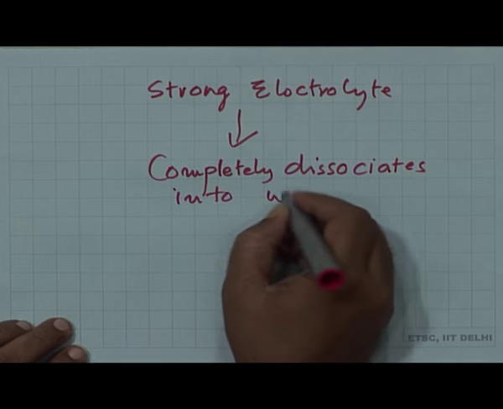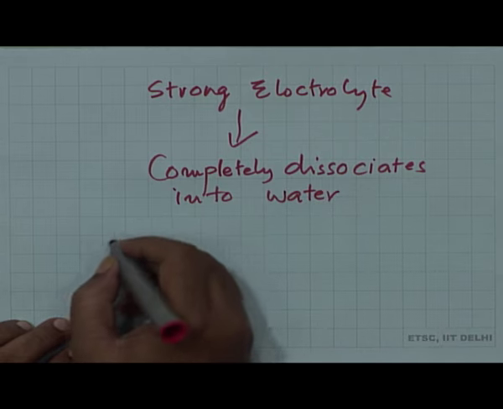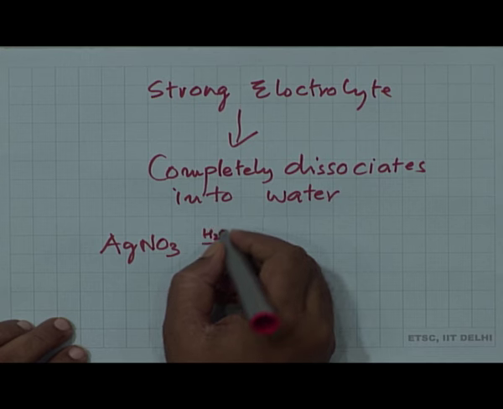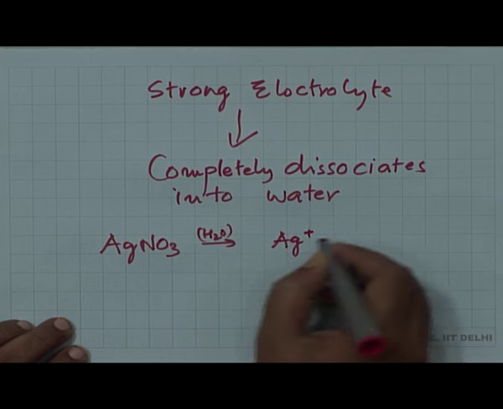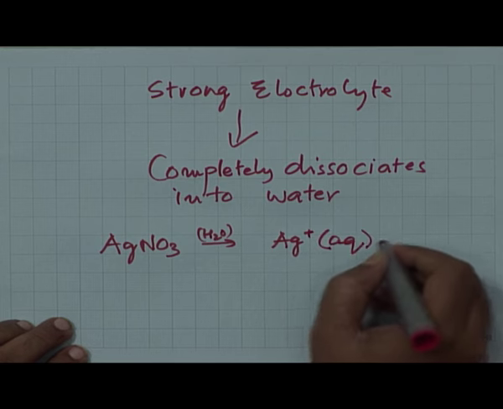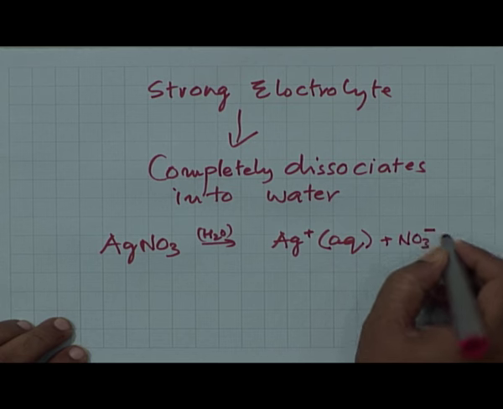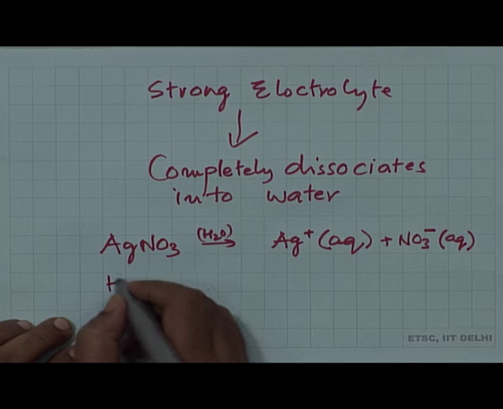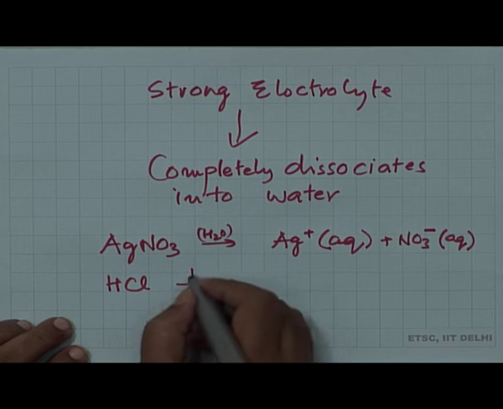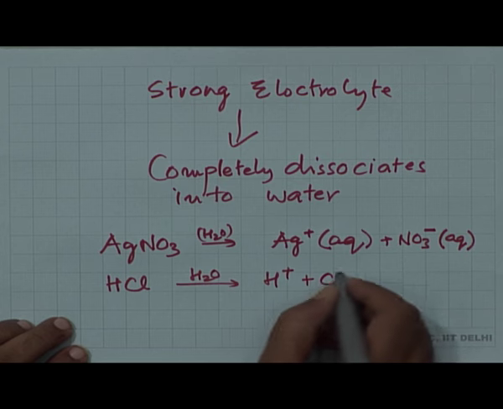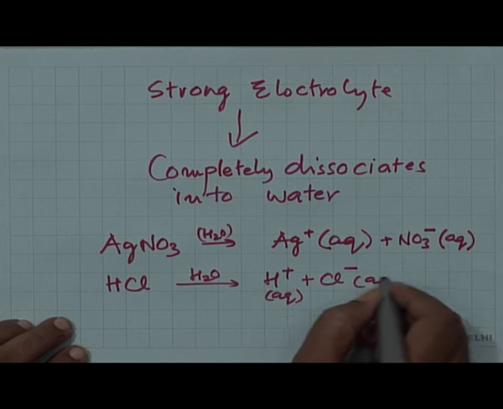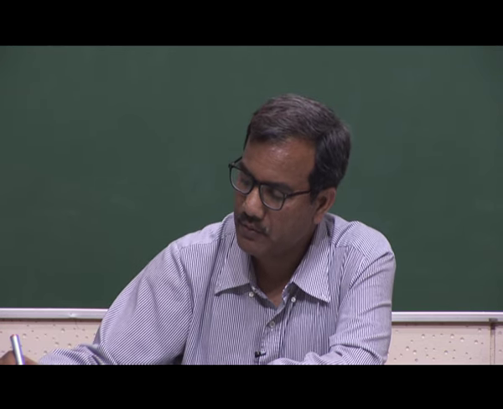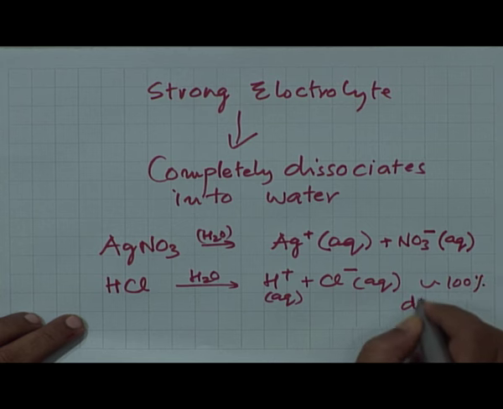For example, if you take AgNO3 in water, it will form Ag plus, or HCl, it completely dissociates into H plus and Cl minus in aqueous solution. So, it is almost 100% dissociation.